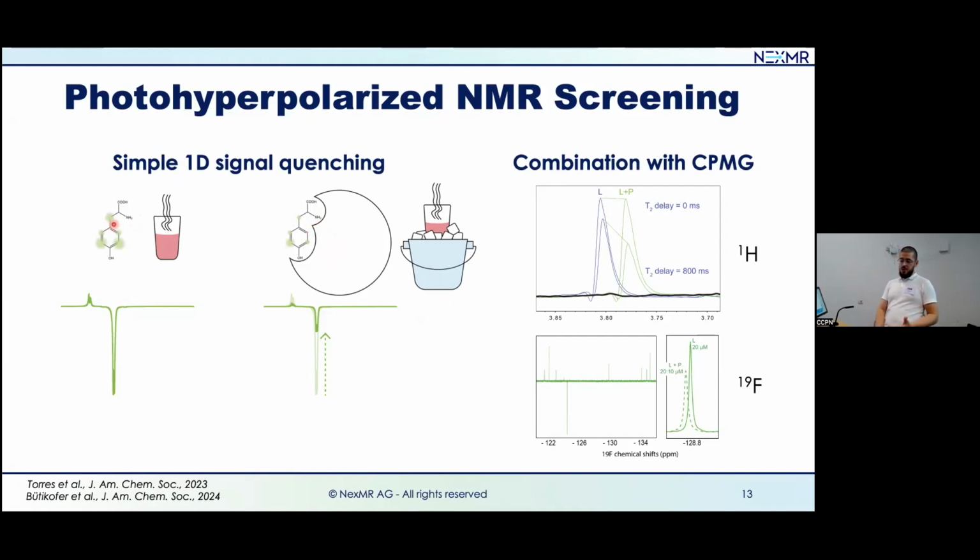So when your small molecule interacts with the protein, it just cools down. It's like dipping literally your cup of tea into a bucket of ice, and it cools down. And this is basically cross polarization, what is happening here. So just the fact of measuring a simple hyperpolarized 1D with and without protein is enough to see if there's an interaction between the molecule and the protein.